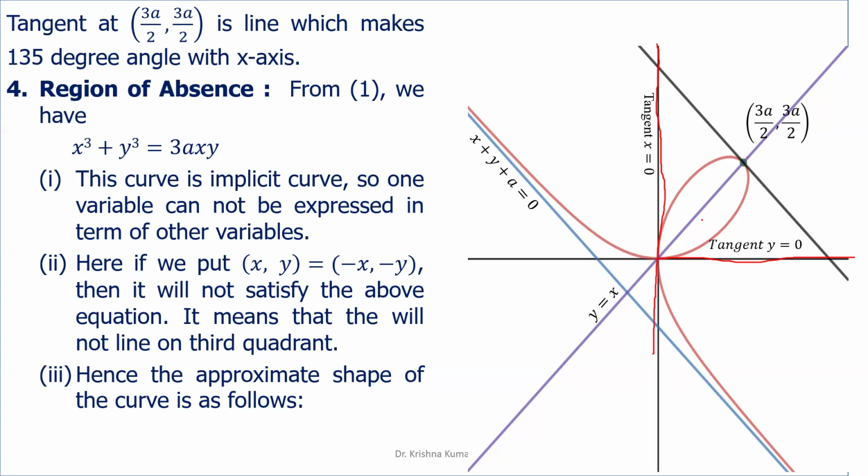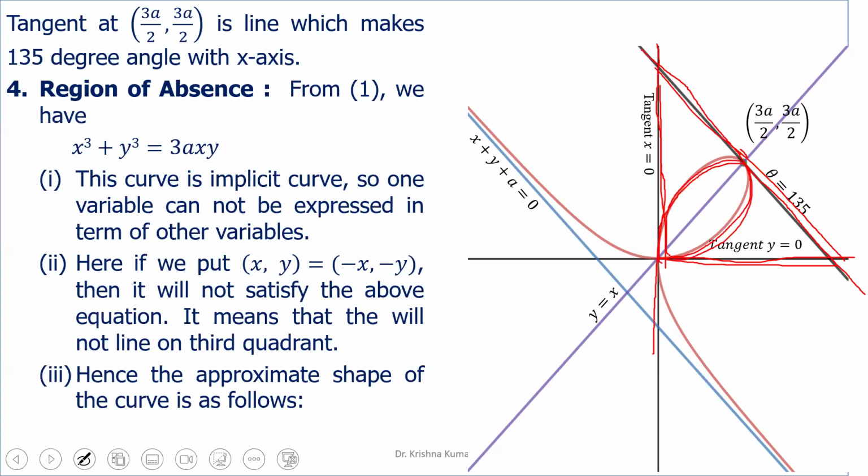At this point, what is the tangent? It is theta equal to 135. So this is the tangent. So there are three tangents: one tangent, second tangent, and third tangent. So what we are getting? We are getting a loop at this point.